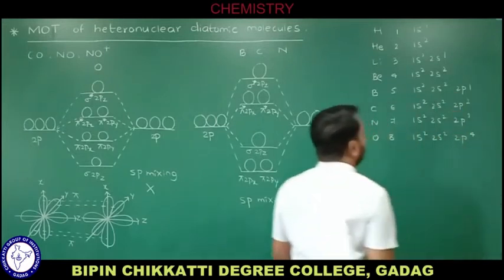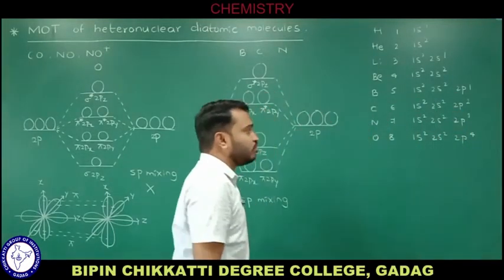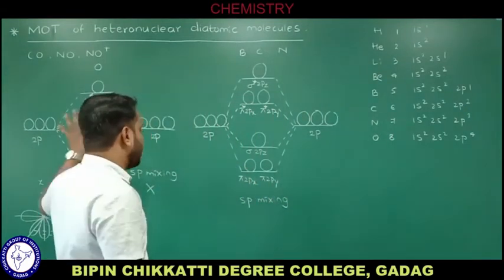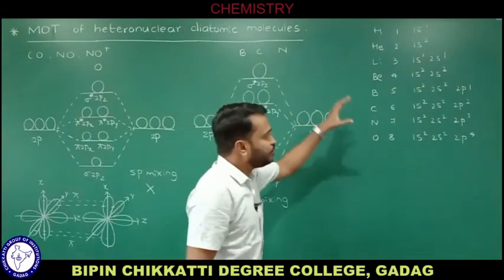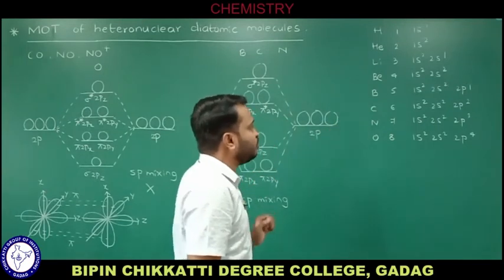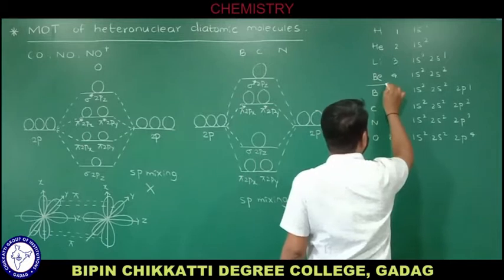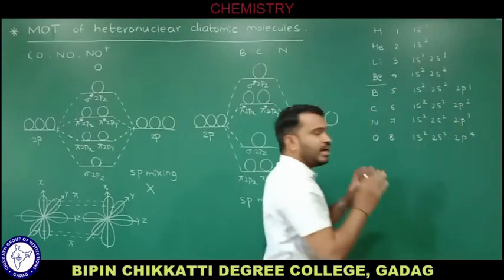That is the electronic configuration from hydrogen to oxygen. To know which undergoes sp mixing and which does not, you need to know the electronic configuration from hydrogen to oxygen. If you consider hydrogen to beryllium, only s atomic orbitals are going to be involved.